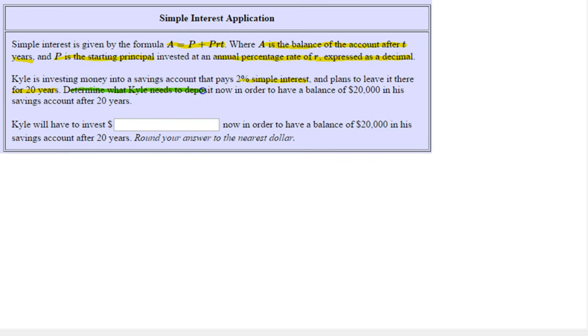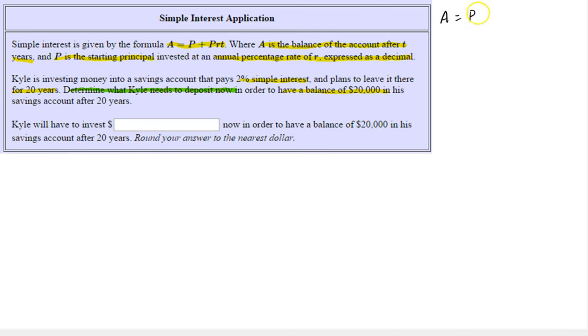Determine what Kyle needs to deposit now in order to have a balance of $20,000 in his savings account after 20 years. And notice I switched this to yellow because they gave us some new information. This is a given, not a goal, because they hadn't given us the balance, the future balance in the previous sentences. So let's write out this formula.